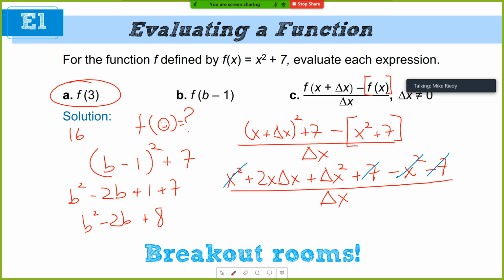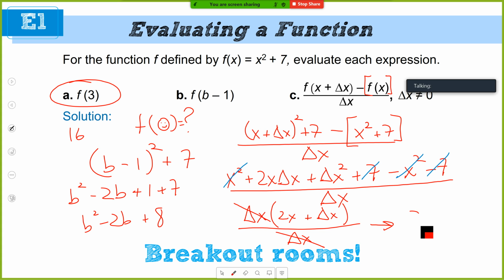That makes me happy. Why does that make me happy? Well, if I take the numerator now and I factor out a delta x, I can then cancel, and I get 2x plus delta x. Okay, that's my final answer.